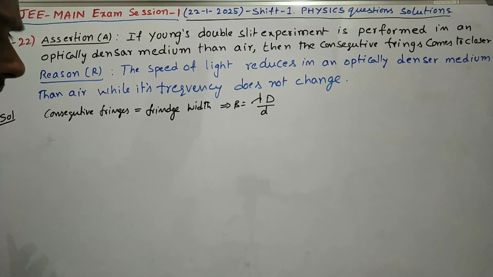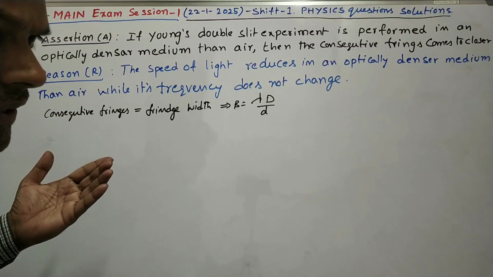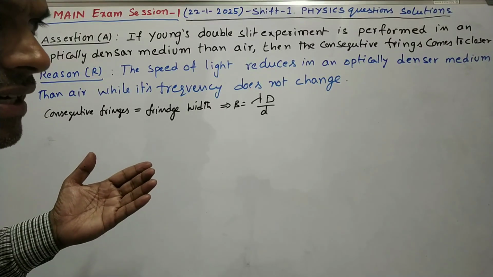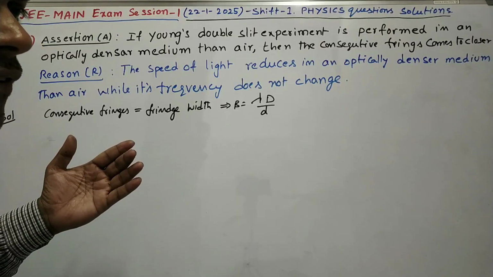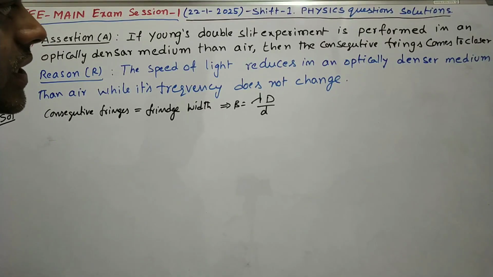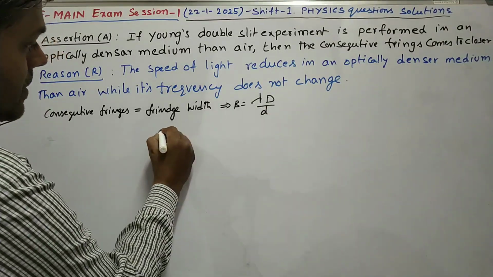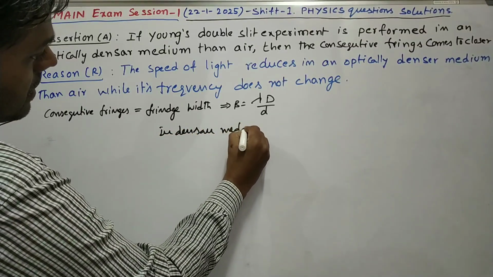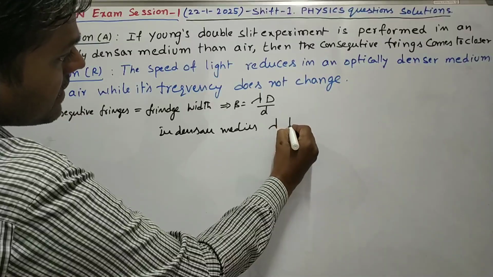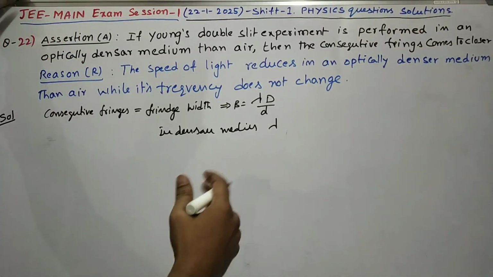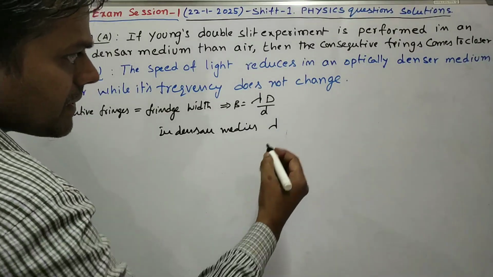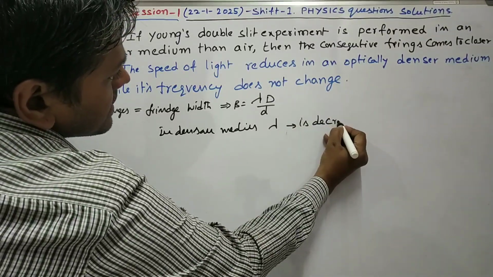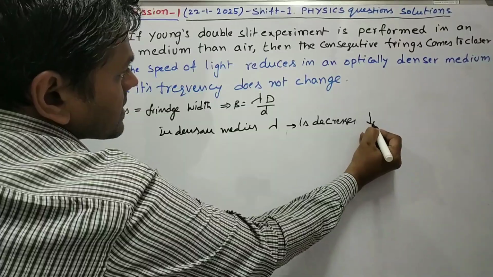What happens? In a denser medium, light suffers a change in speed, so its direction changes. That means this optically denser medium opposes the easy flow of light, so the wavelength changes. In a denser medium, the distance traveled by light, that is the wavelength, decreases.